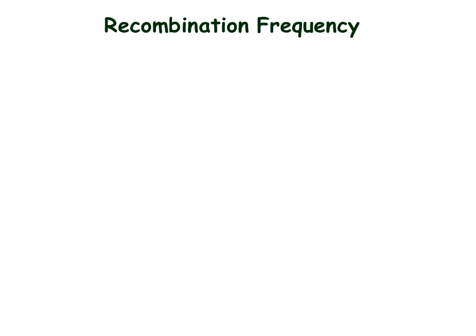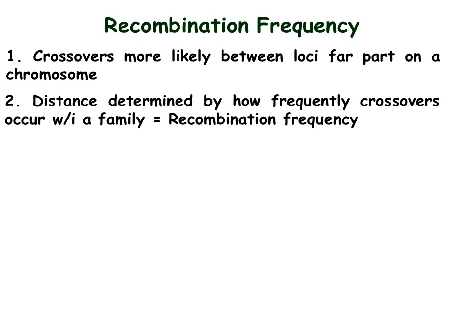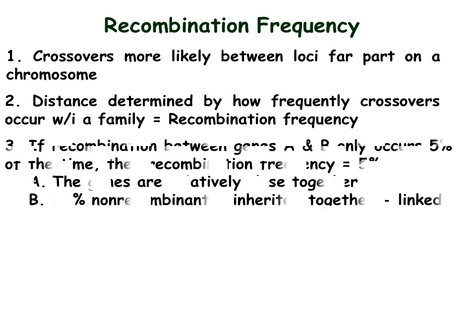Which takes us to the whole concept of recombination frequency. Crossovers are really more likely between loci that are far apart on the same chromosome than when they're close. So the distance is determined by how frequently the crossovers occur within a family. This is the recombination frequency.